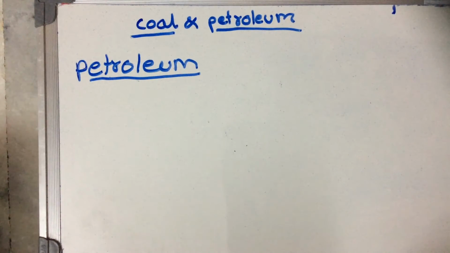The two most common forms of petroleum are natural gas and crude oil. Petroleum or crude oil is a complex mixture of solid, liquid and gaseous hydrocarbons mixed with salt water and earthly impurities.